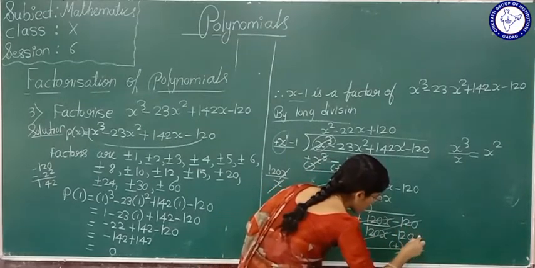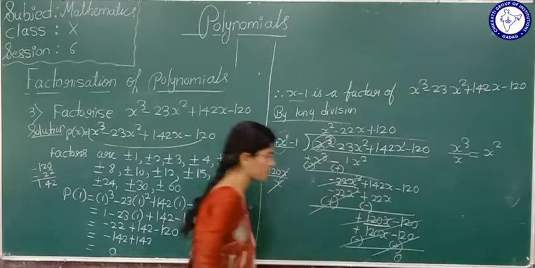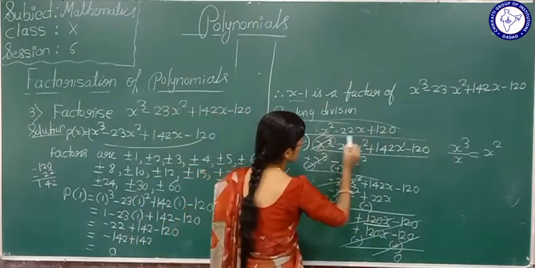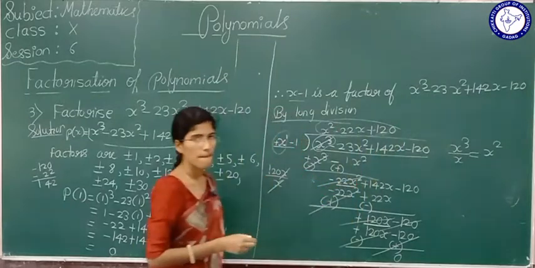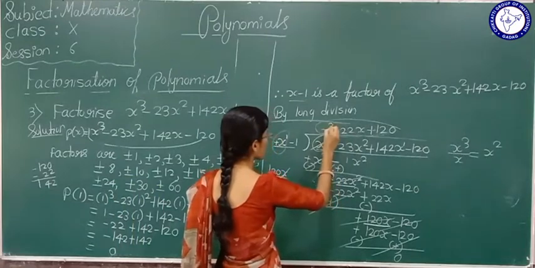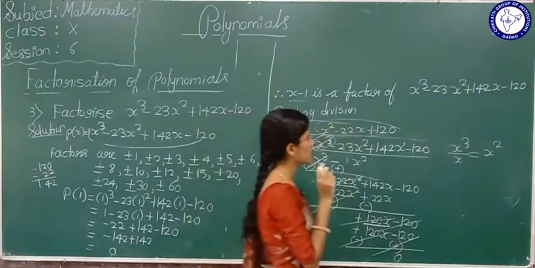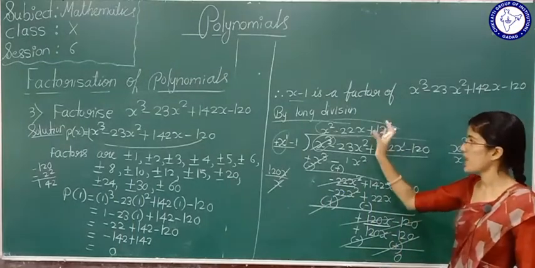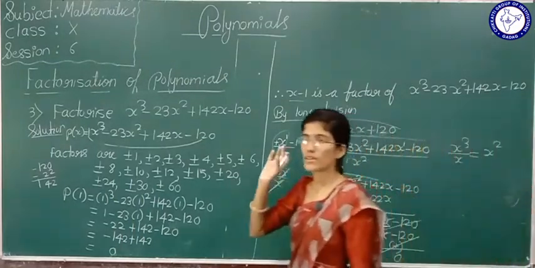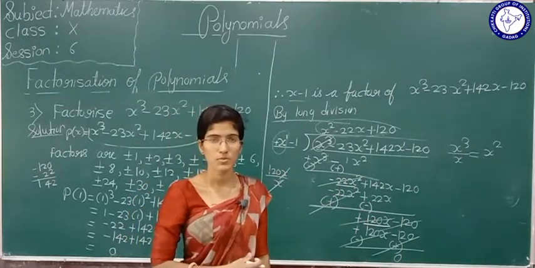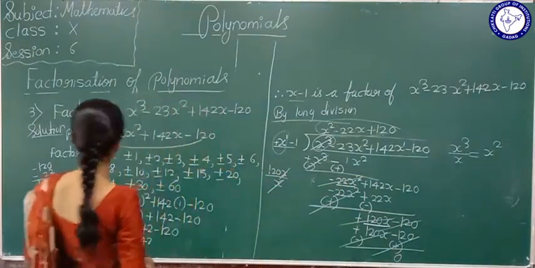Minus 120 plus 120 is 0. Now what we got? This is a factor, but it is a quadratic polynomial. So again we will split the middle term. You can now see.